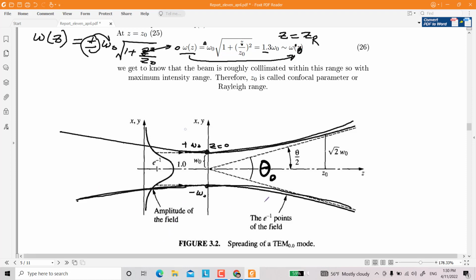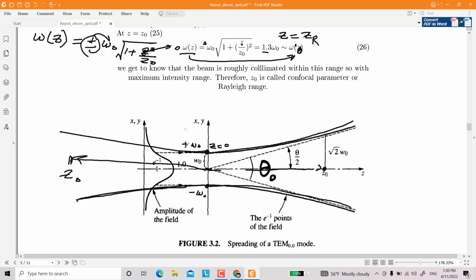So we will discuss these little parameters, what these angles are. This is the confocal range or Rayleigh range, and if the distance from here to here is z0, then the same distance on the left side is also z0.